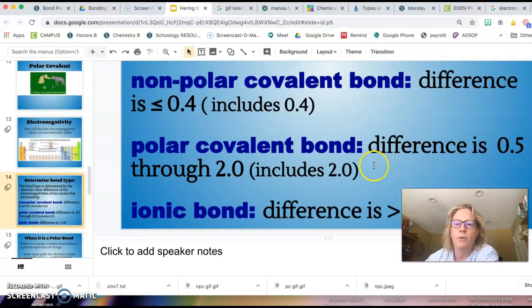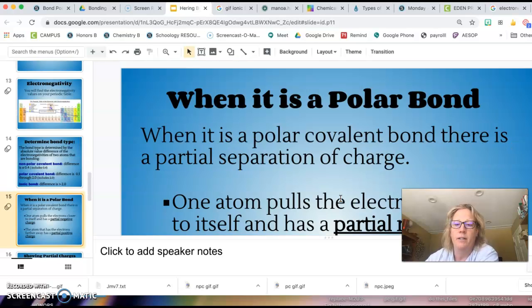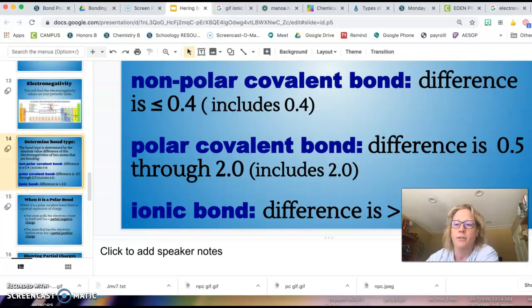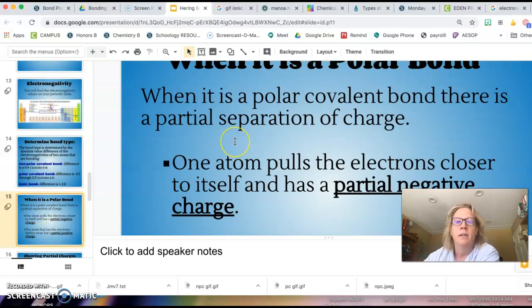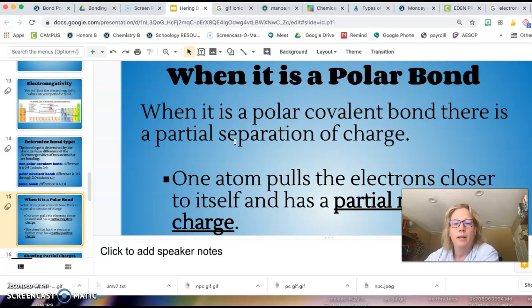If the difference is 0.5 to 2, they're sharing, but not equally. That's a polar covalent bond. And ionic is when the difference is greater than 2.0. That's where there won't be any sharing. It'll just be a transfer of electrons.